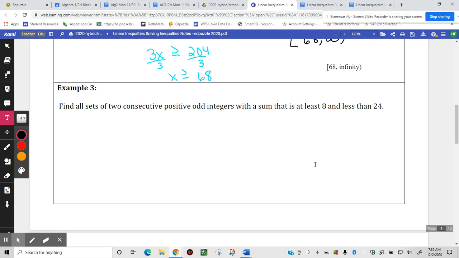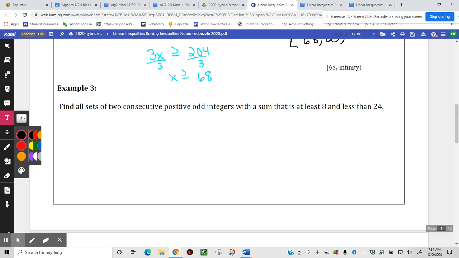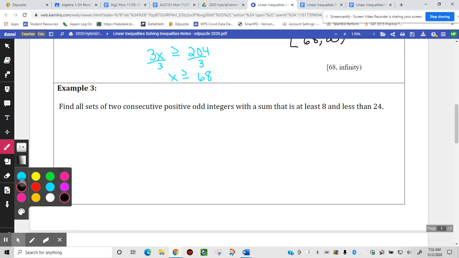Consecutive integers mean that you have 2 numbers. And if it's consecutive odd integers, it's numbers like 3, 5, 7.